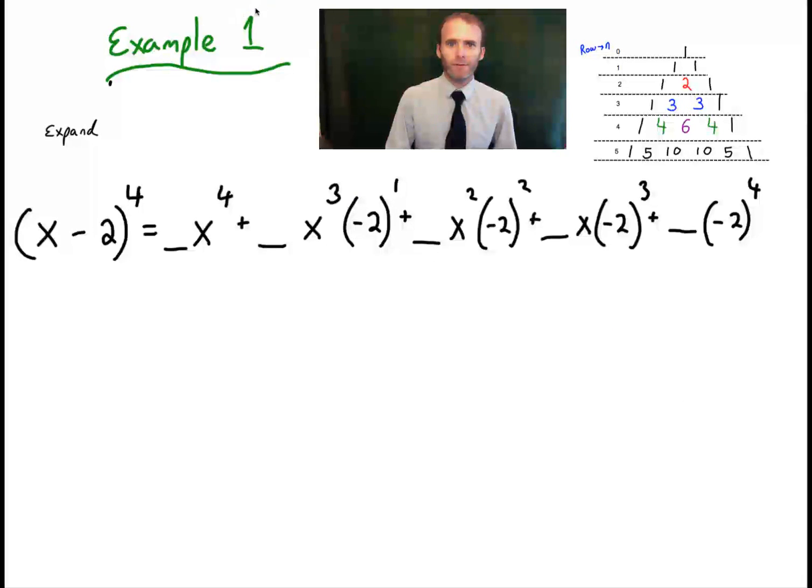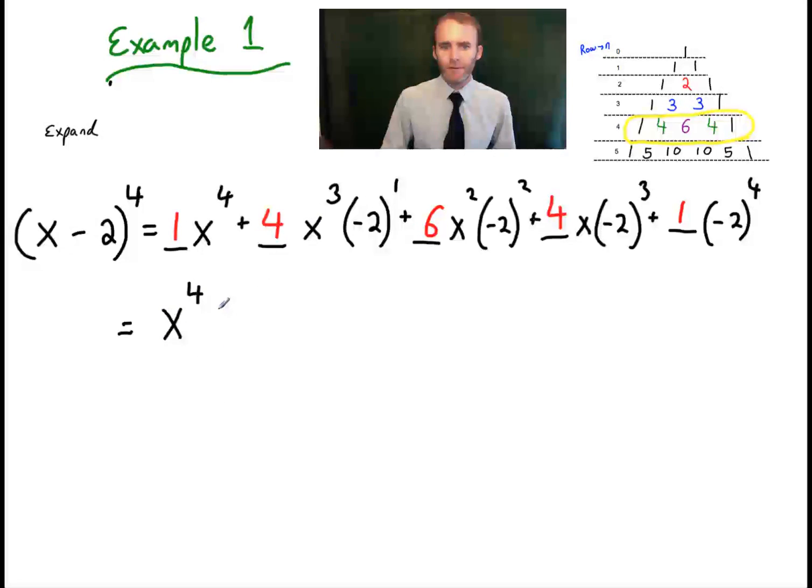Alright, so let's use Pascal's triangle now. We're on the fourth row, so let's come over here and fill in these fourth row element numbers. So fourth row, we have a 1, a 4, a 6, a 4, and a 1. Alright, last step here is to simplify. So let's simplify this out, and I'm just going to write my x to the fourth.